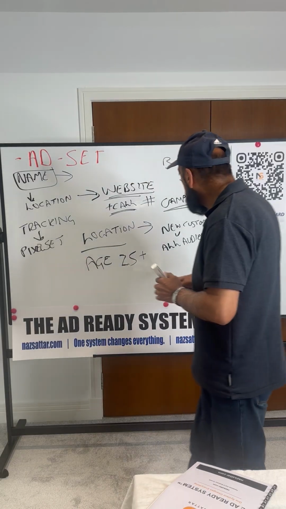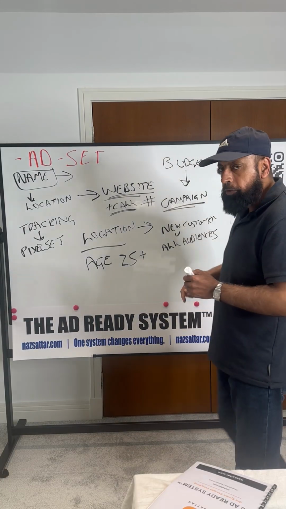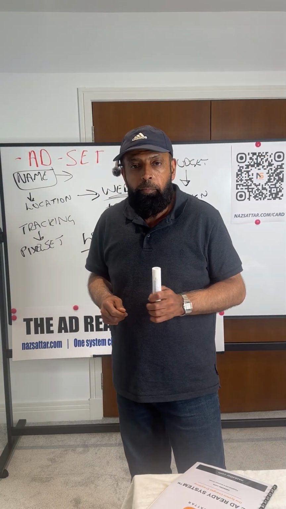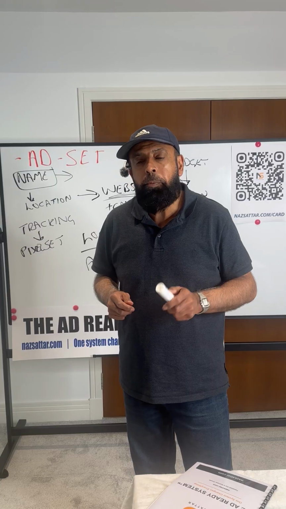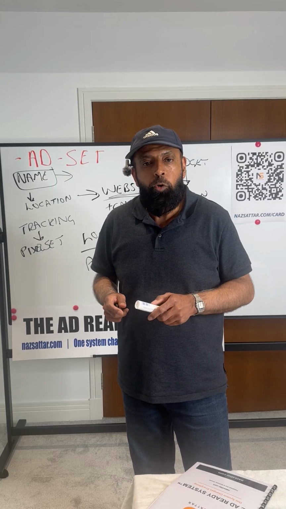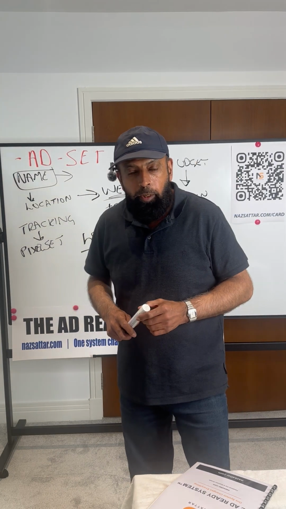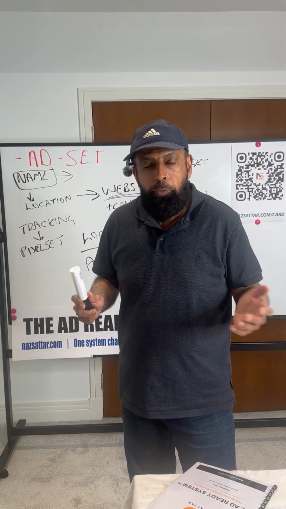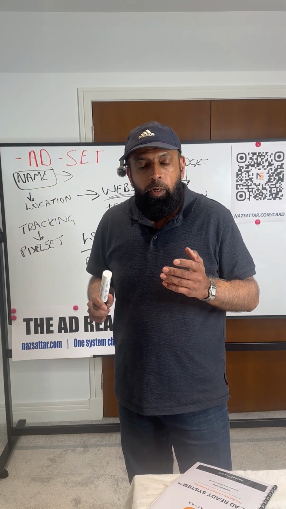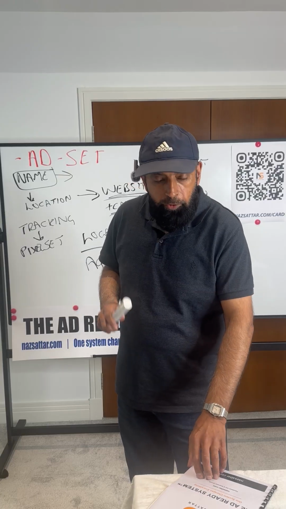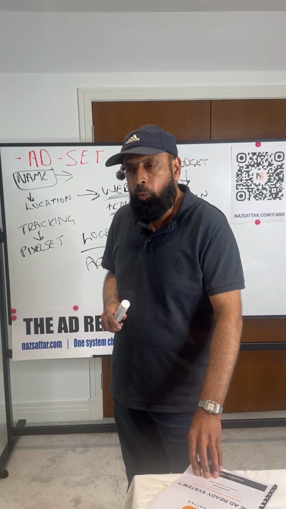I'm keeping it simple, and I'm just going for new customers, and I'm letting Meta find the people most likely to respond to the offer, and that's really the ad set. So really simple. That's where the conversions happen, and that's it. So the next one we're going to be talking about is our ads.